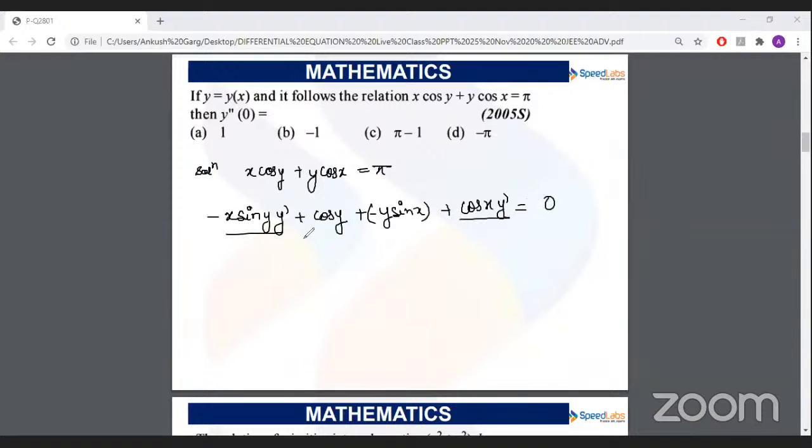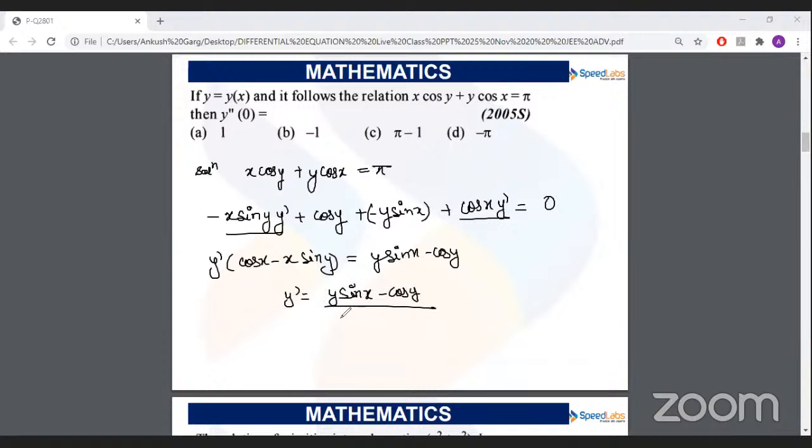So from these two terms you can take y dash common, so it will become cos x minus x sin y. Taking this term to the right hand side, you'll get y sin x minus cos y. Finally, we're getting y dash as y sin x minus cos y divided by cos x minus x sin y. Right.